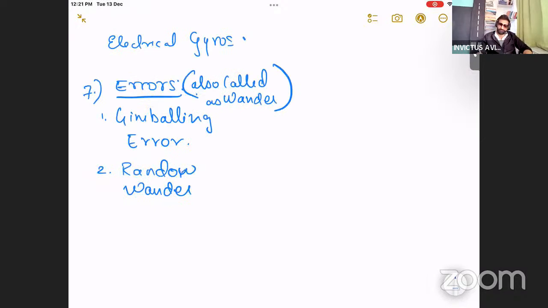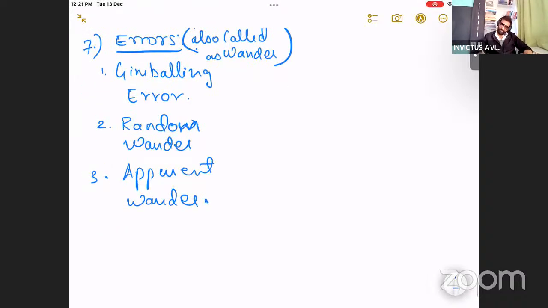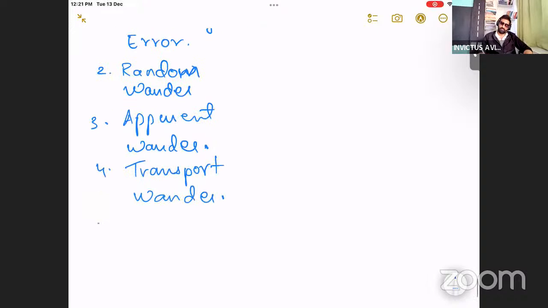Random wander. Random wander. Third is apparent. So one error is called random error and the other error is called apparent error. Random wander, apparent wander. There is also one type of wander that is transport wander. And one more error is rotor speed error.